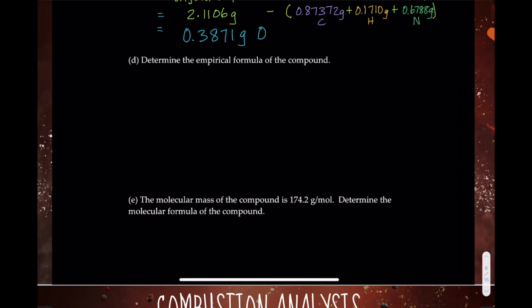In part D, we're going to determine the empirical formula of the compound. Remember, the first step in solving for the empirical formula is to take the mass values that we have for each element and convert to moles.